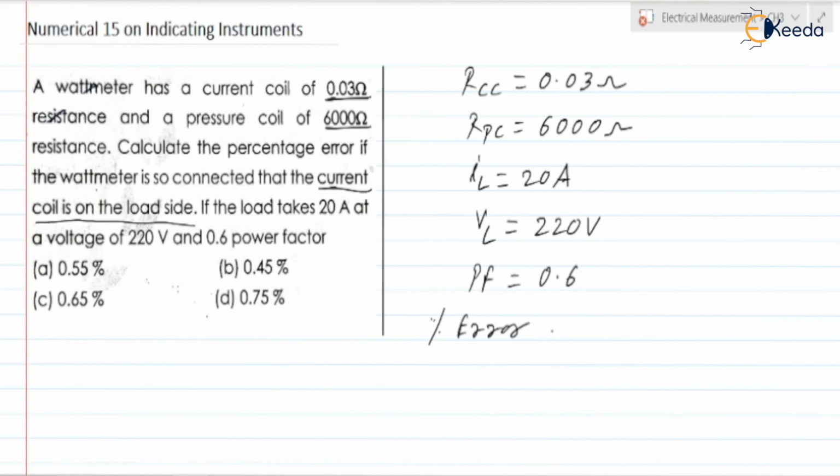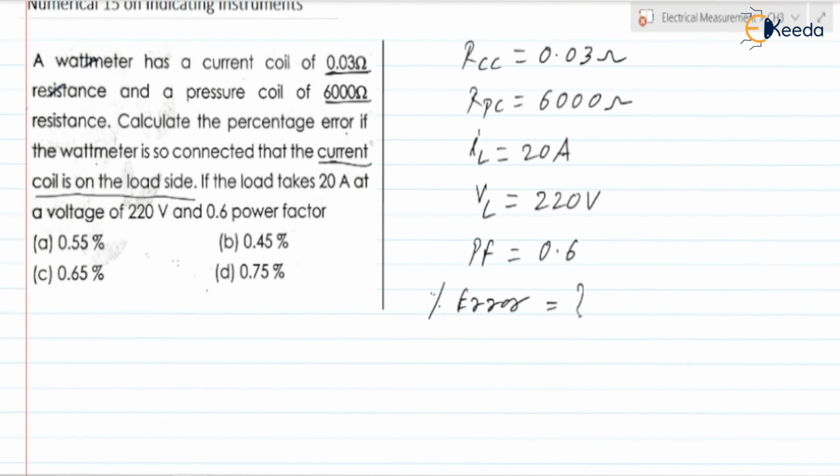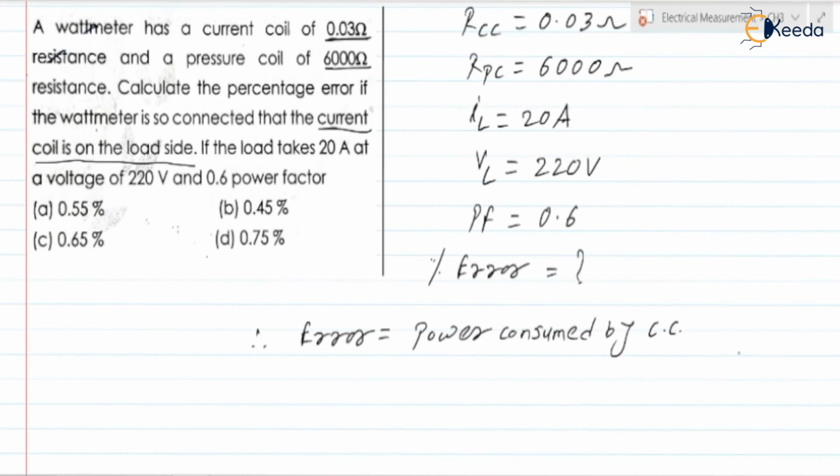Here the current coil is connected at the load side. Therefore, the error is equal to the power consumed by the current coil, the same thing we already discussed. What is the power consumed by the current coil?